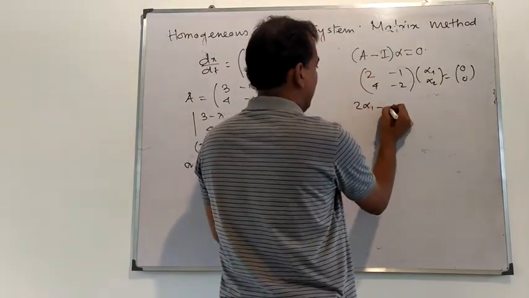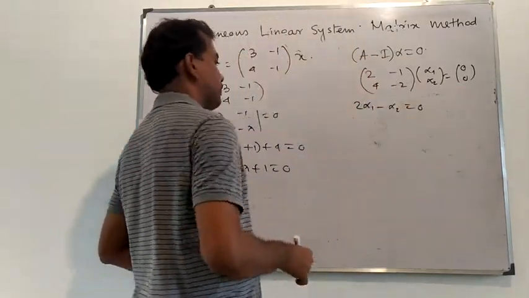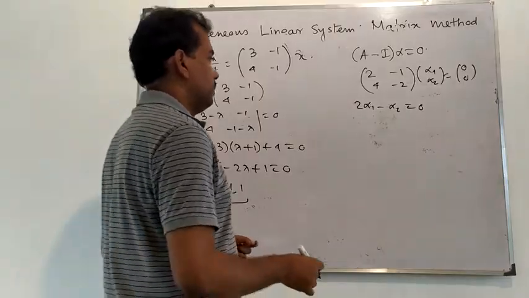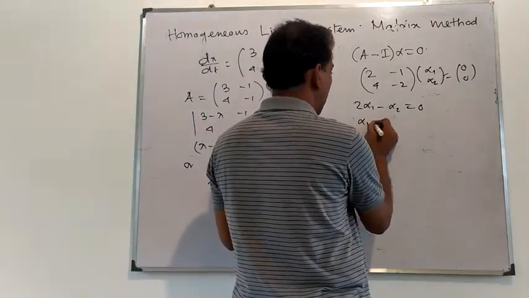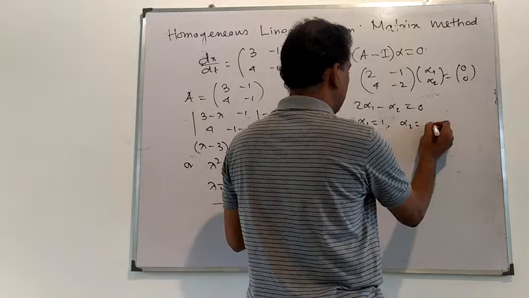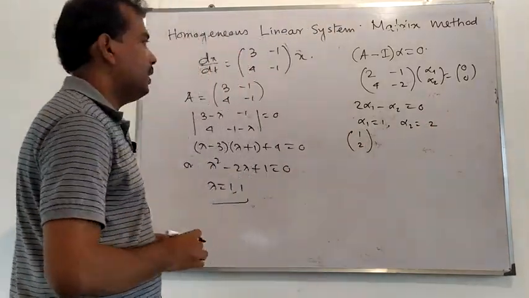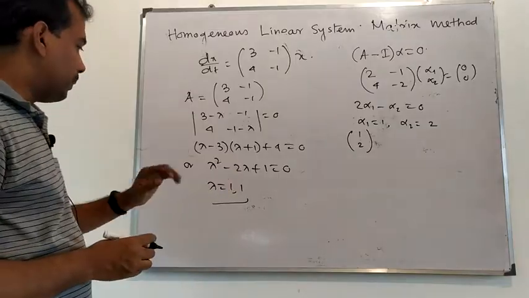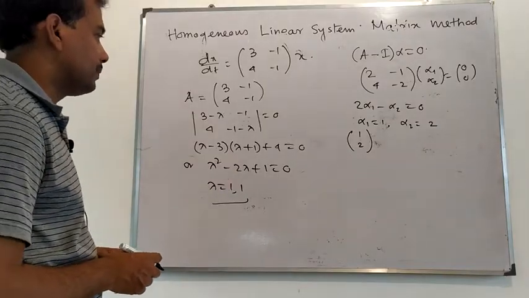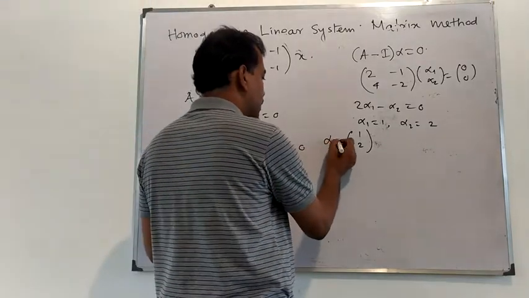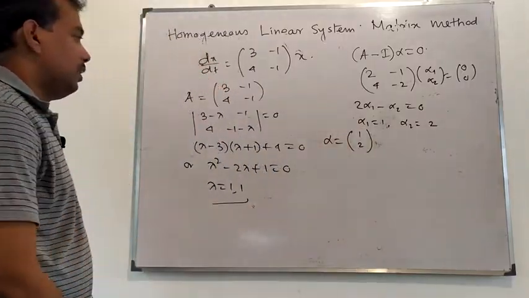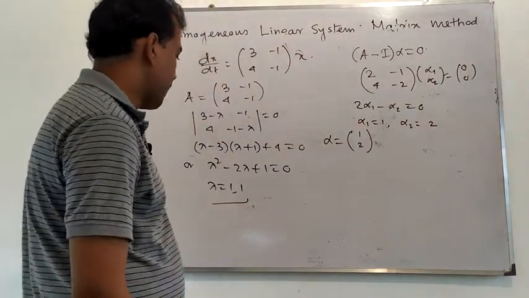That is 2 alpha 1 minus alpha 2 equal to 0. So if we take alpha 1 equal to 1, then alpha 2 is equal to 2. So (1, 2) is an eigenvector corresponding to lambda equal to 1. Take alpha equal to this.